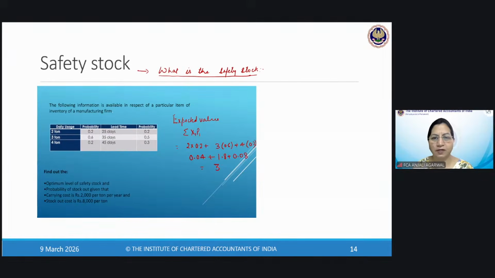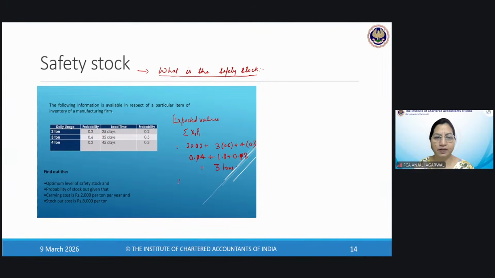So it comes out to be 0.4, 1.8 and 0.8, 3 tons.